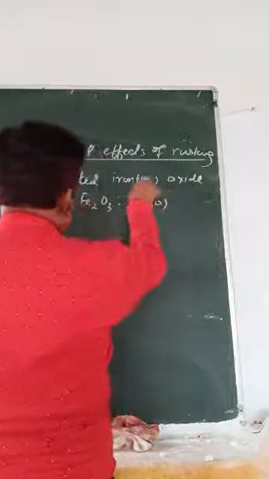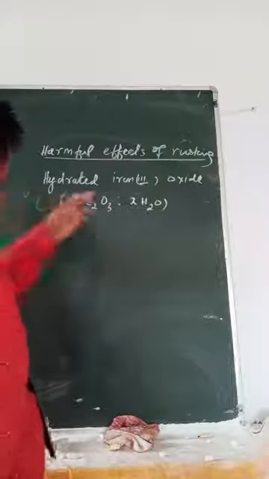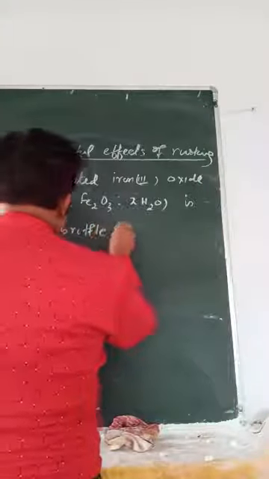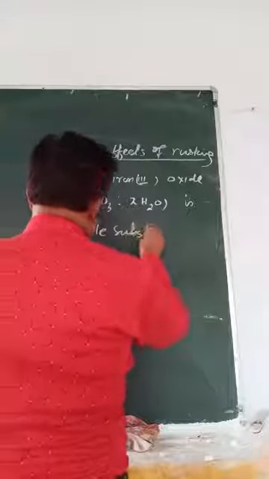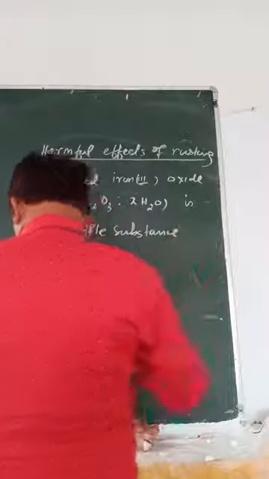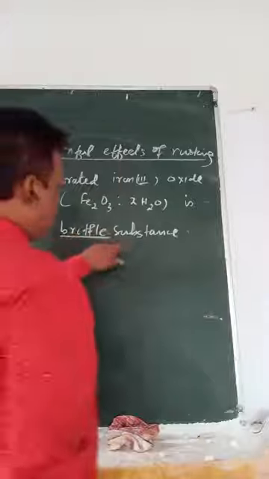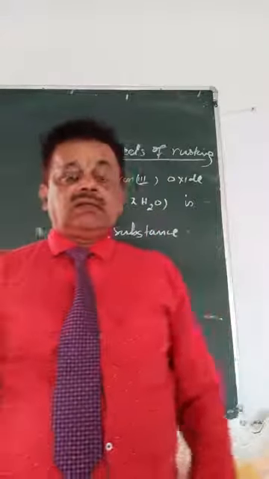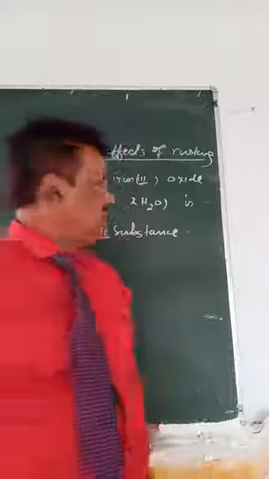This is the complete formula of hydrated iron oxide. It is a brittle substance. What is a brittle substance? It means it can be broken. When rusting comes over the iron, it is broken, which means damaged.